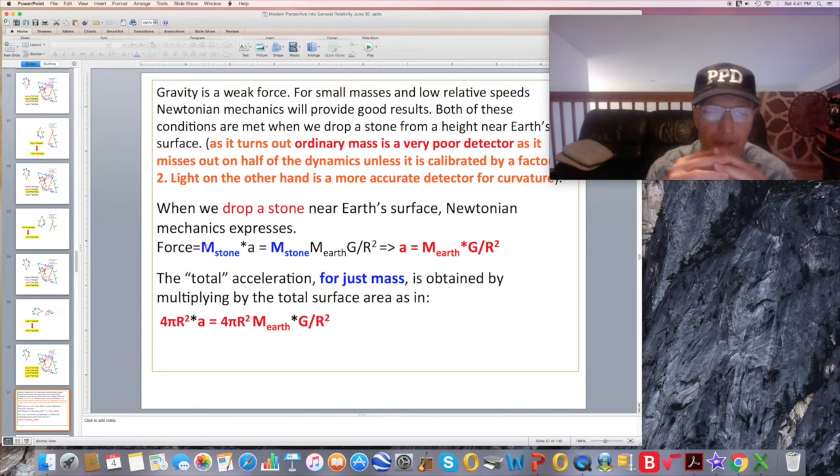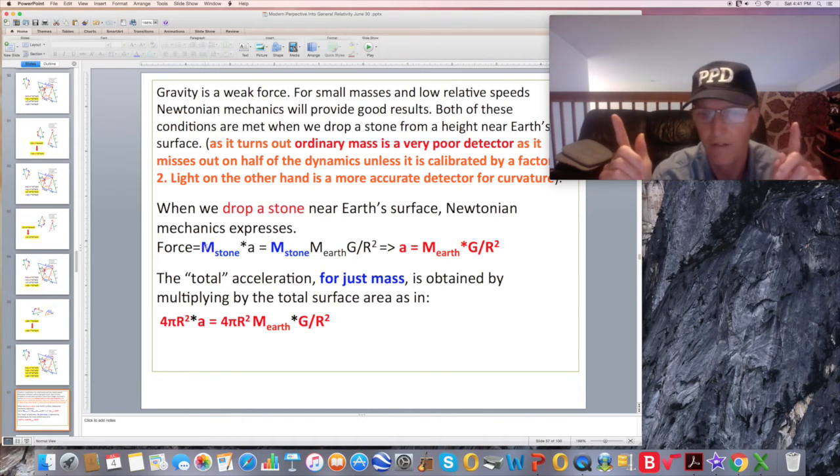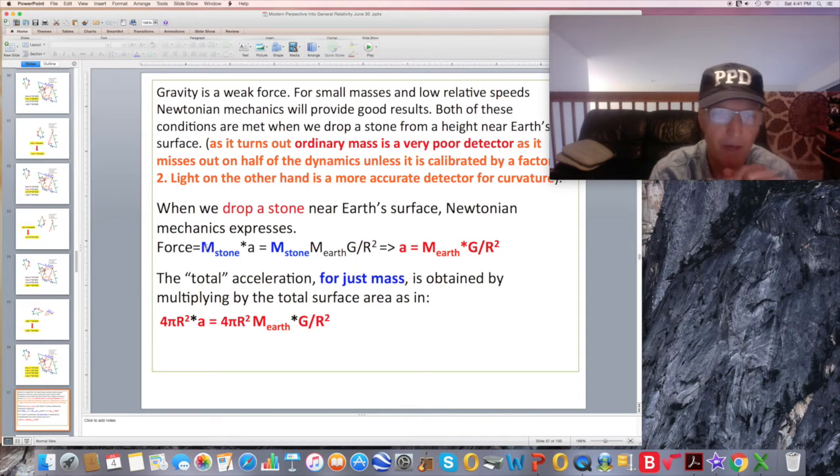Now, the total acceleration just for mass, so we're talking about mass, not light, for example, is obtained by multiplying by the total surface area of the Earth, where you have all those forces all the way around the Earth in every direction.